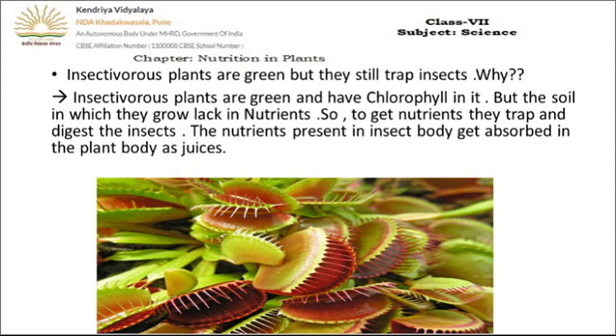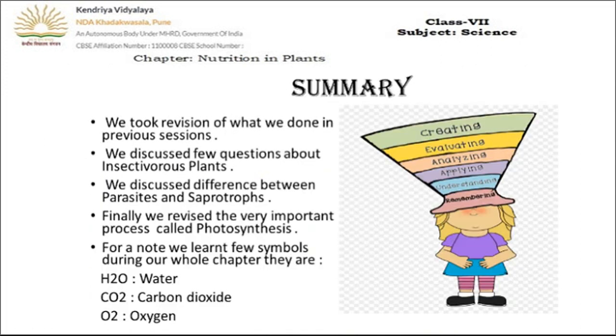Now let's have a look at what we have done till now, that is the summary. Children, this lesson is over, and after this I'm going to give you the worksheet which you have to solve in your notebooks. If you have fair notebooks, you can solve in that. Otherwise, if you have practice notebooks or rough notebooks, you can do it in those also. Okay. So let's have a look at what we have done in this chapter.